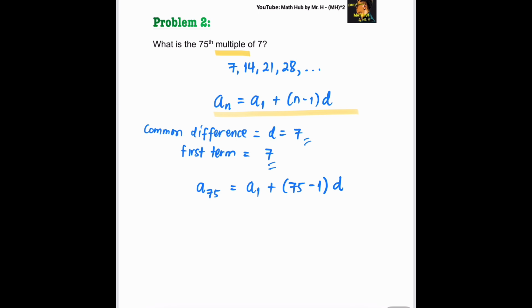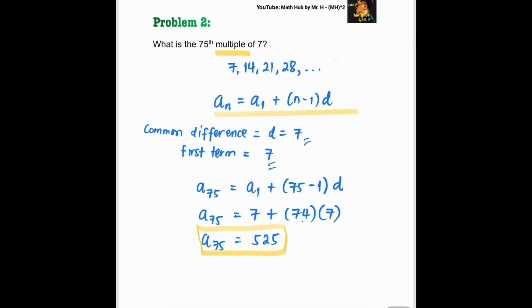Then we simply plug in. a sub 75 equals a sub 1, the first term, which is 7, plus 75 minus 1, which is 74, and the common difference is 7. We simplify the right-hand side of the equation. So 7 plus 74 times 7 is 525. So 525 is the 75th term of the sequence.